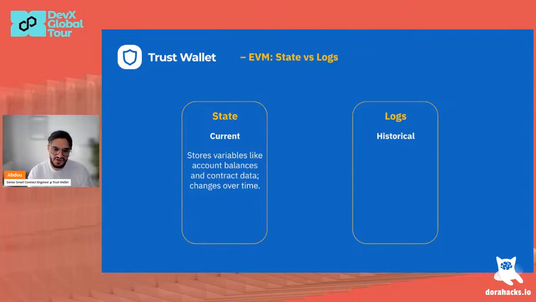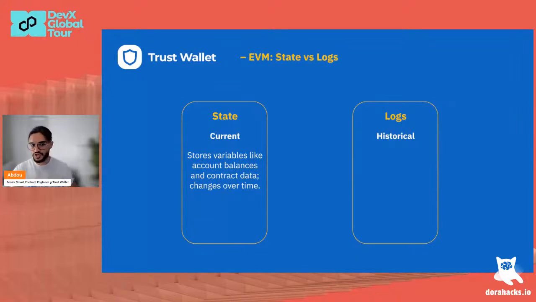The state stores variables like account balances and smart contract data, and they change over time after each transaction. Each transaction in the blockchain, and more specifically in EVM, is just a change of state from X to X prime, and that is what is tracked on the ledger.